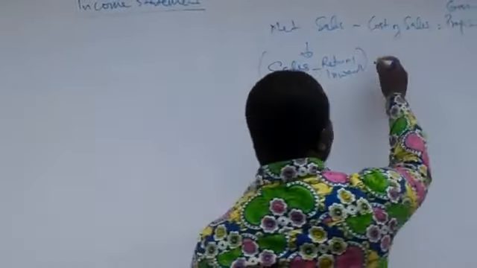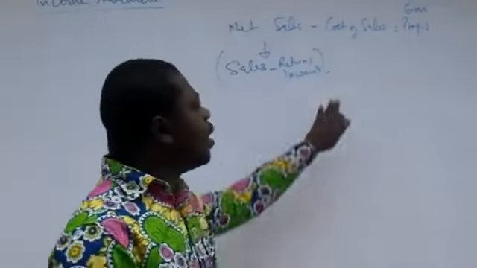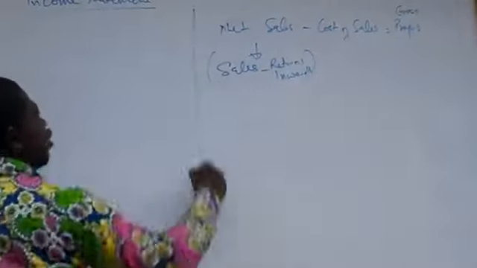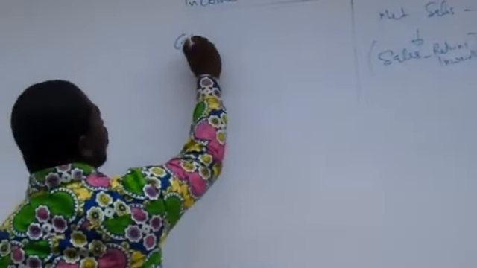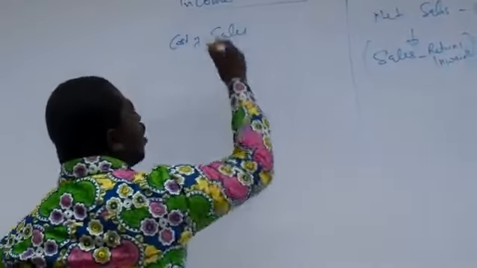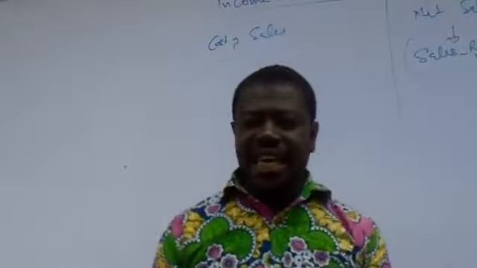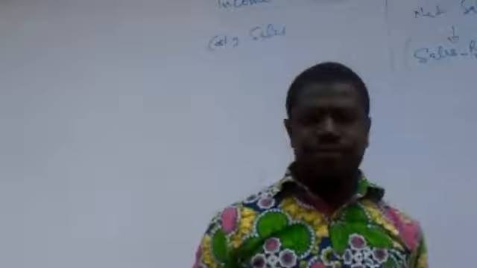Now when we get to cost of sales, cost of sales is a very big component, and so let me just try and let you understand the concept of cost of sales over here. Now what is cost of sales? Cost of sales has to do with the cost that we incurred in the sales that we made.